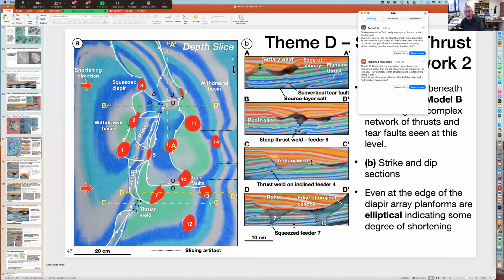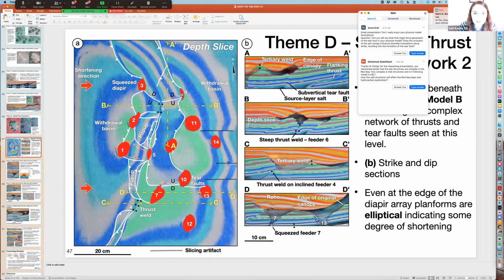And something has to give within the country rock in order to maintain kinematic compatibility, and that overall is the tear fault here.